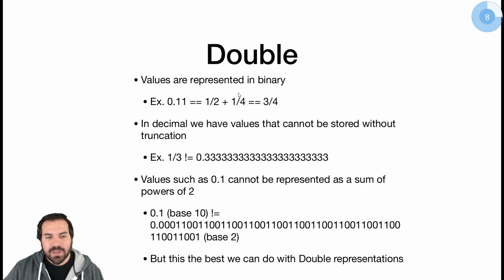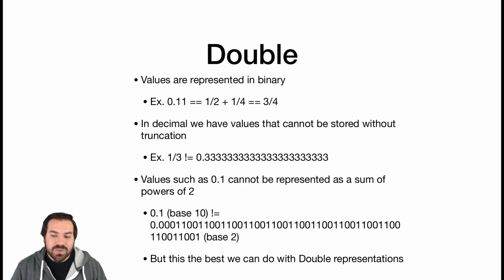So, for example, let me explain just a little bit about binary representation. I will assume that you understand binary representation for integers, but we can do the same thing with decimals. Decimals follow the same theory as base 10, where in base 10 you would have the tenths digit, the hundredths digit, the thousandths digit. It's the same thing in base 2, but divided by 2 each time. So we have the 1/2 digit, the 1/4 digit, the 1/8 digit, and so on.